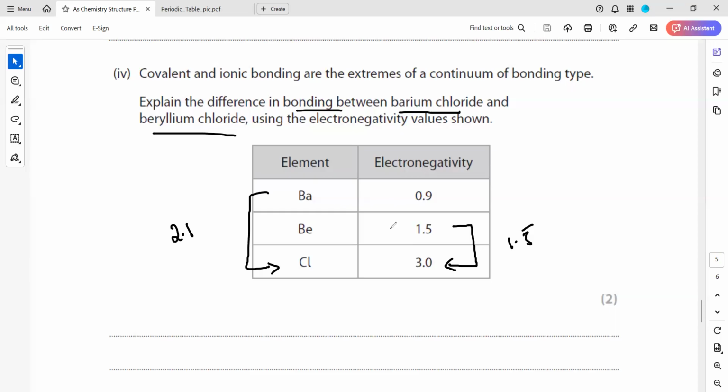So for a complete ionic bond, the statement is, covalent and ionic bonding are extremes. So explain the difference in the bonding between barium chloride and beryllium chloride. So using the electronegativity difference, we can work out whether the bond is ionic or covalent.